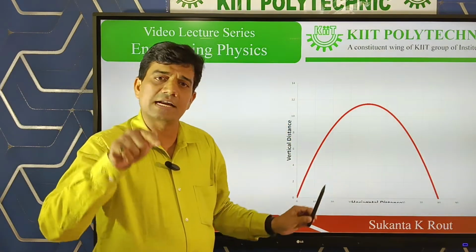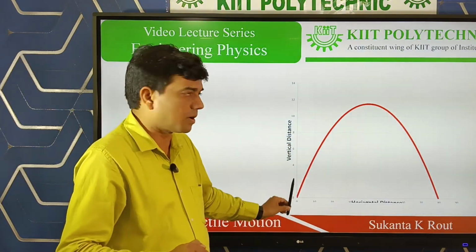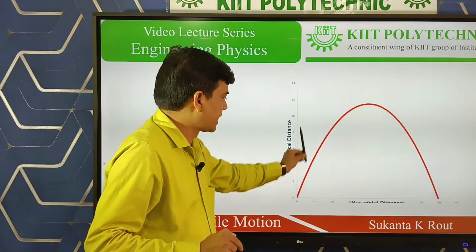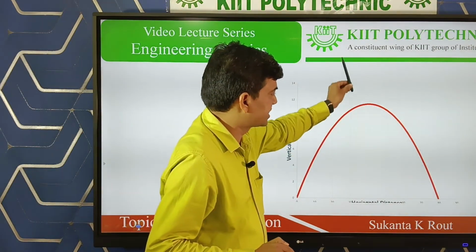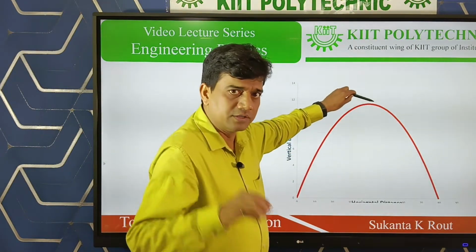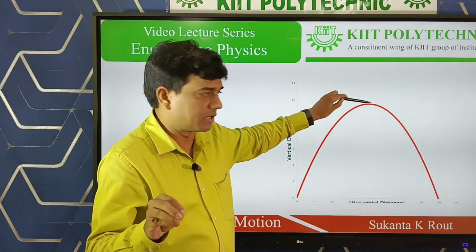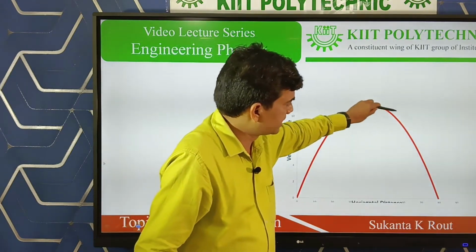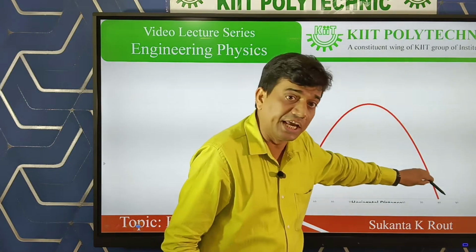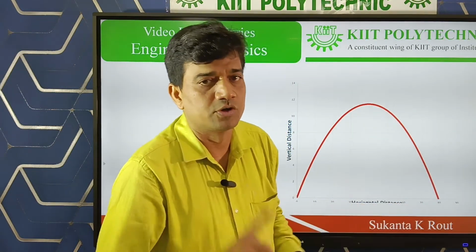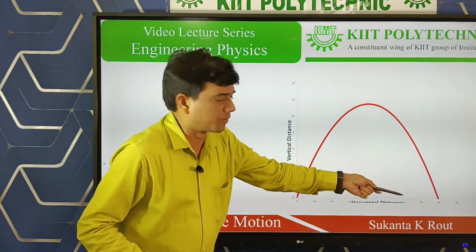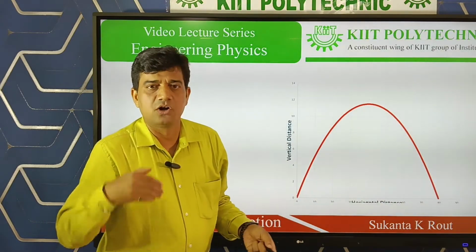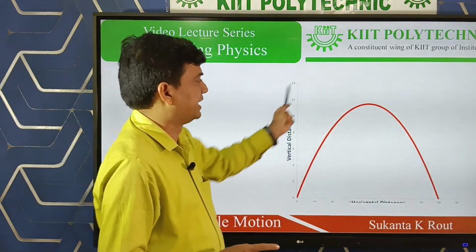But gravity acts in vertical direction. That's why this component u sin theta continuously decreases, and at this highest point, this u sin theta becomes 0, and from that point the body starts moving in downward direction till it reaches the ground. So this is the path followed by the projectile. Any projectile always follows this particular path.